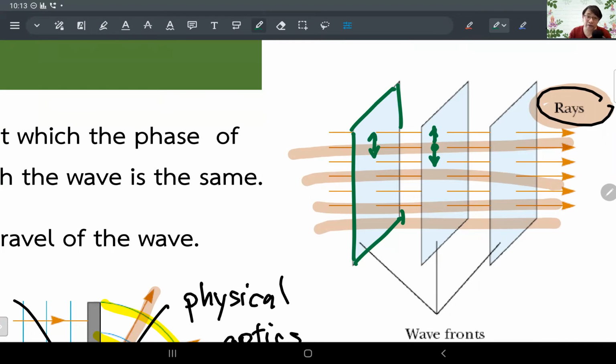The things that are actually oscillating in light turn out to be electric and magnetic fields. And just wait for it. We are going to learn about electric fields and magnetic fields after this module. Okay, it's going to be a lot of fun and a lot of calculus.